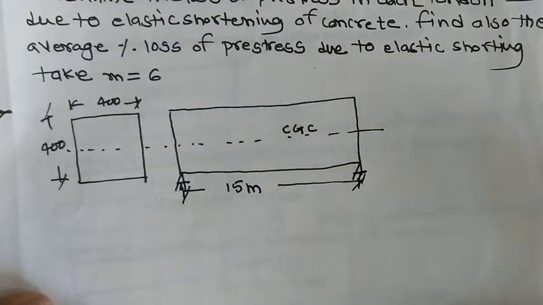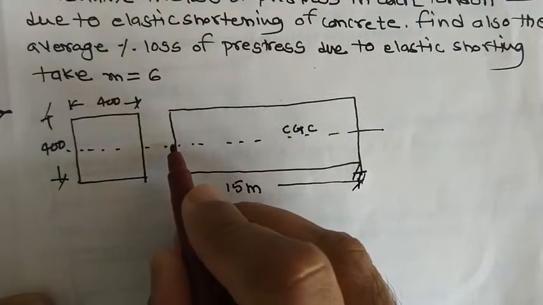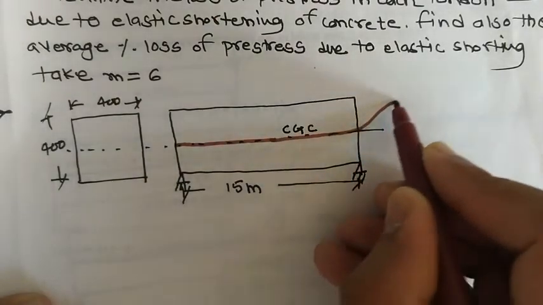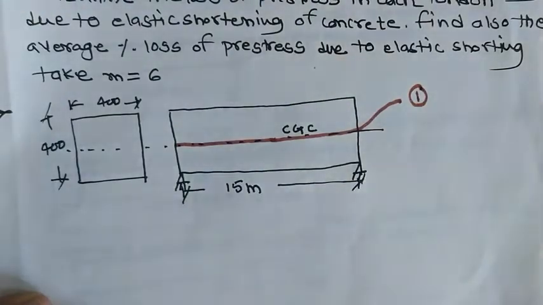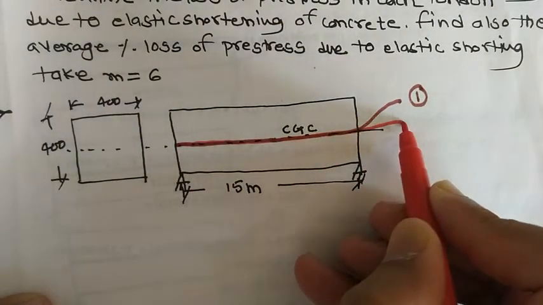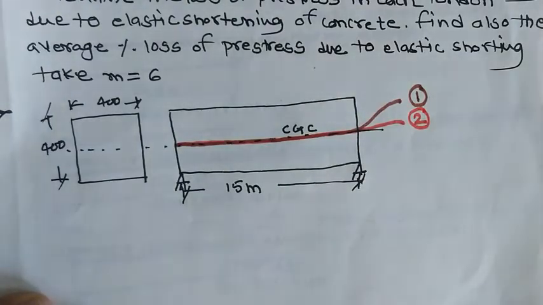The beam is subjected to 4 tendons. The tendons have no eccentricity. The first tendon is like this. The second tendon is like this.